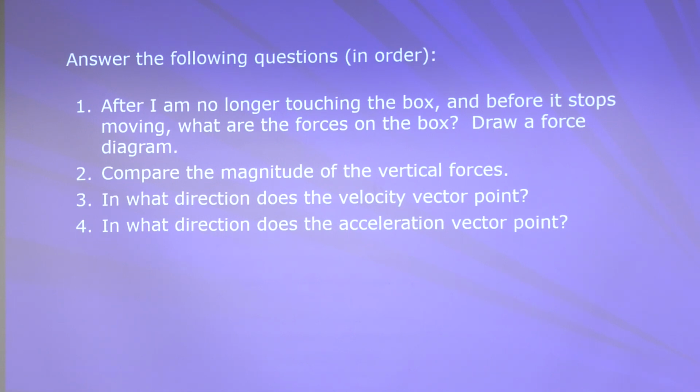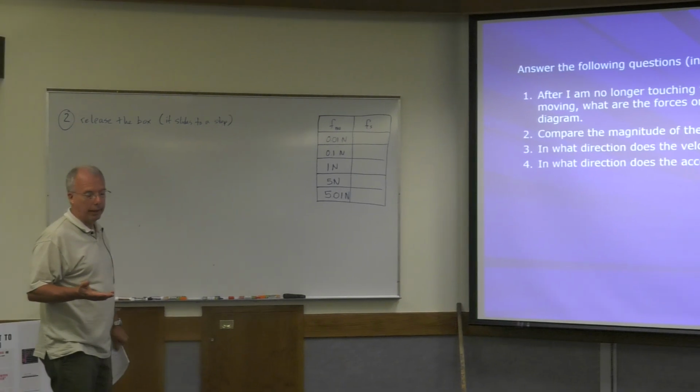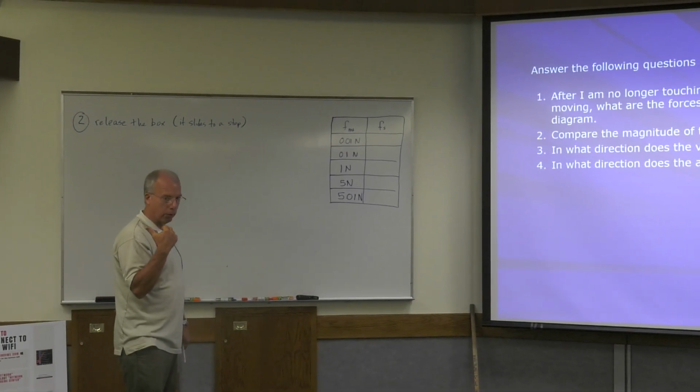Okay, let's talk about it. You push on the box, you let go, the box keeps moving, but it slows down and it stops. Number 1, after I am no longer touching the box, and before it stops moving, what are the forces? I'm no longer touching it, but there's still weight, there's still normal, there's still friction. The only force that's missing is me.